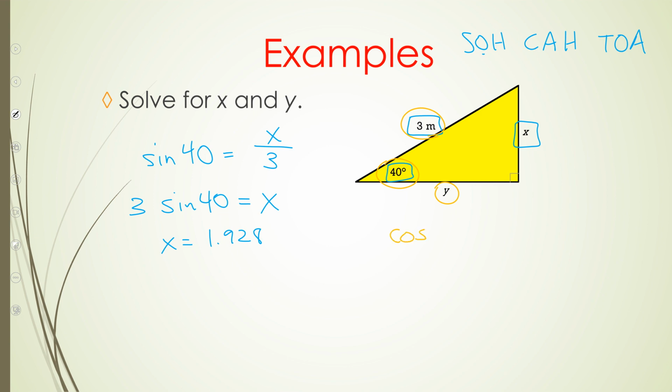The cosine of what? 40 is equal to? Y over 3. Perfect. Solve that quickly, please, and tell me what y is. 2.298. Beautiful.